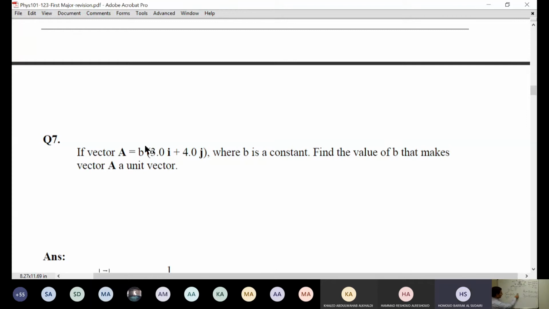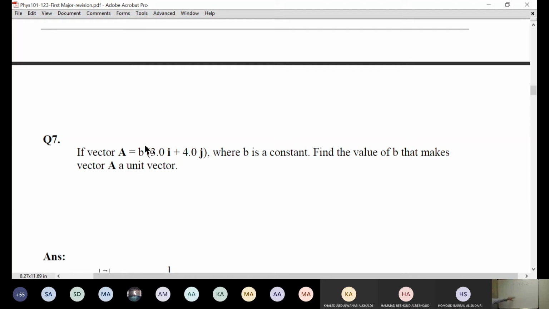Okay, so that is the definition we want to use. Vector A is equal to B times 3i plus 4j.